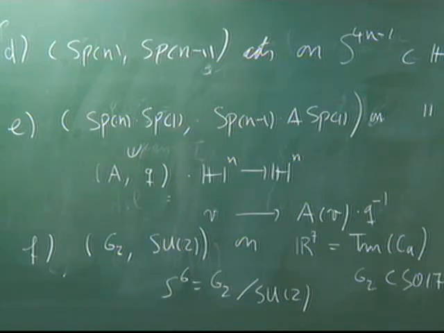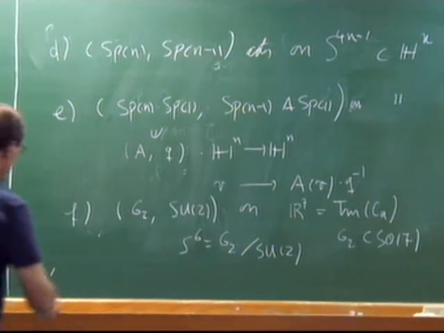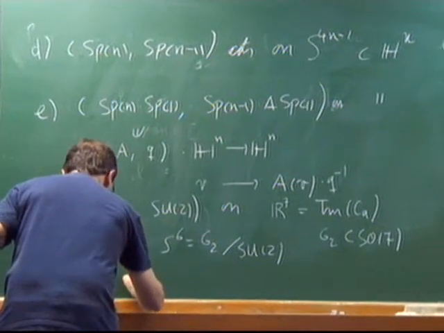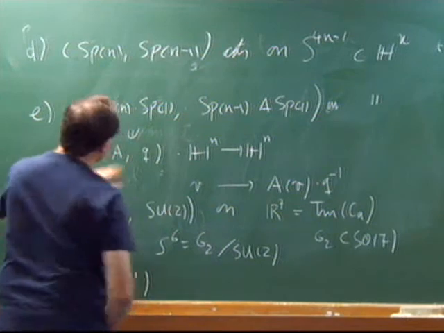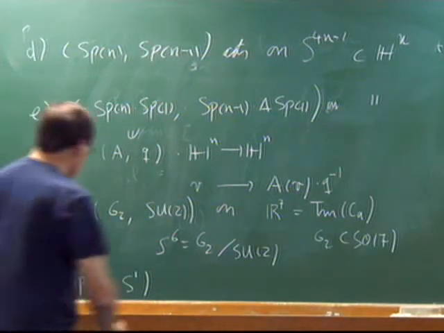And I forgot one case, let me call it E prime, at least in Borel's theorem, which says I could also, instead of multiplying on the right by the full quaternion group, use only a circle sitting inside Sp1.